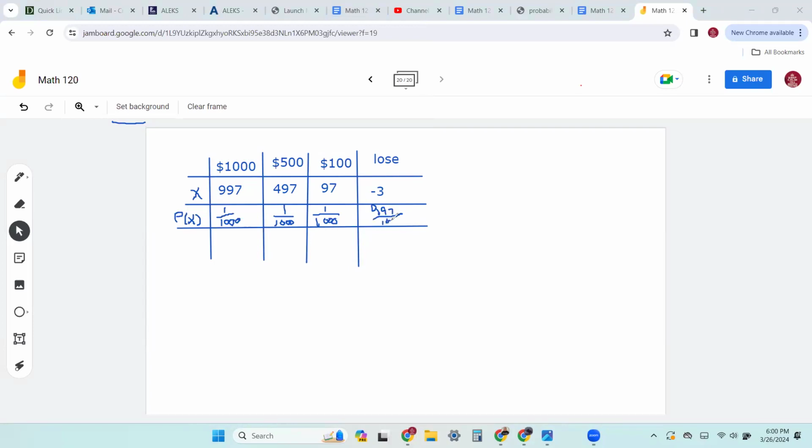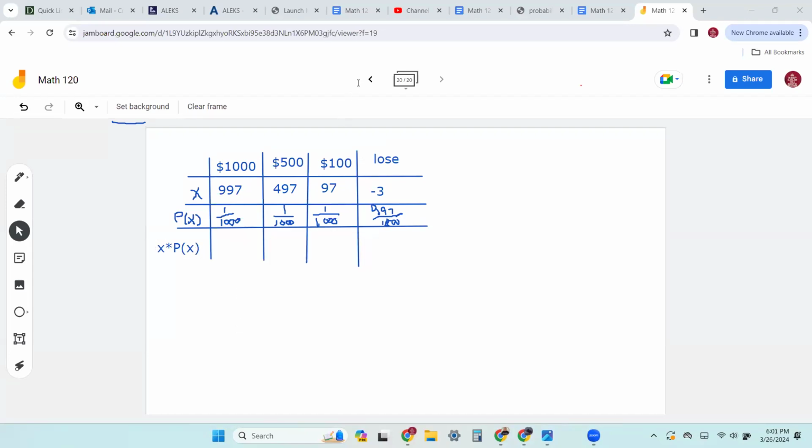Does that look good? So 1 over 1,000, 1 over 1,000, 1 over 1,000, 997 over 1,000. Now what we do is we multiply. You can put this in here to kind of match the formula, but it's just x times P of x.